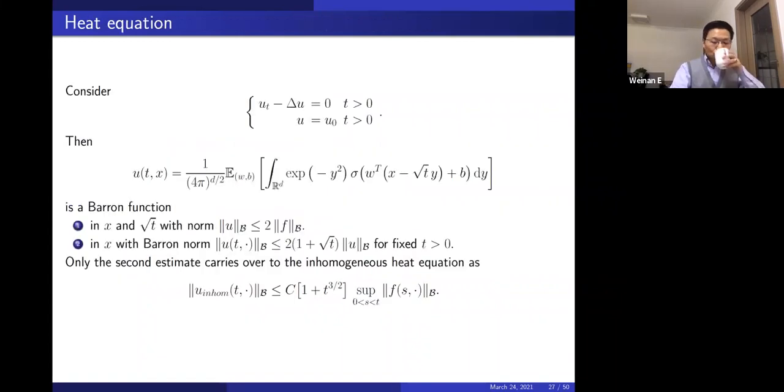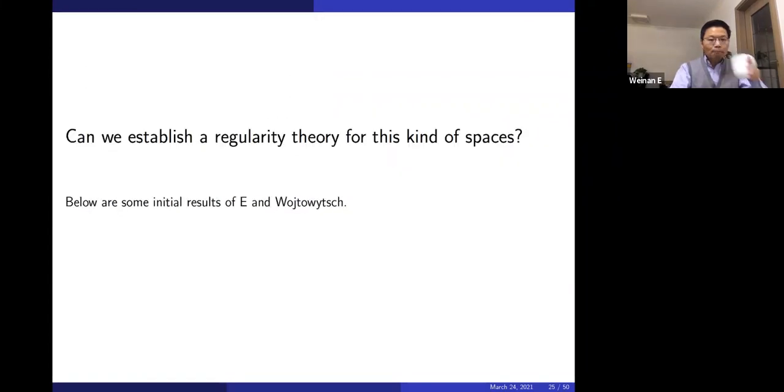Well, there are very few results of this type. I'm going to report results with my postdoc, Wojtowski. There's another interesting paper written by Jianfeng Liu at Duke University and his collaborators, which considers regularity theory for Barron's spectral space.